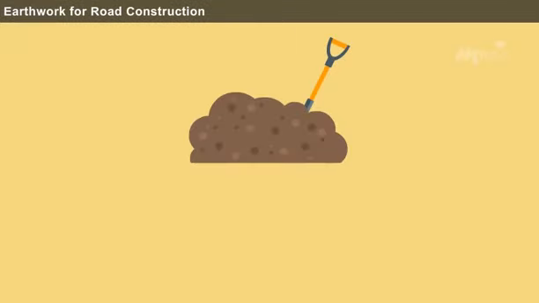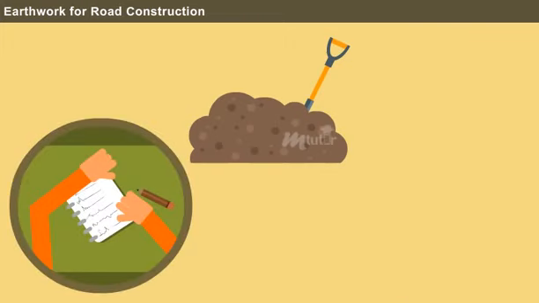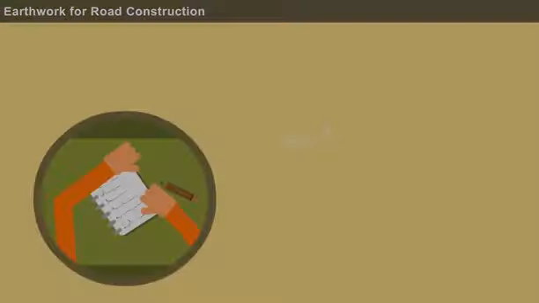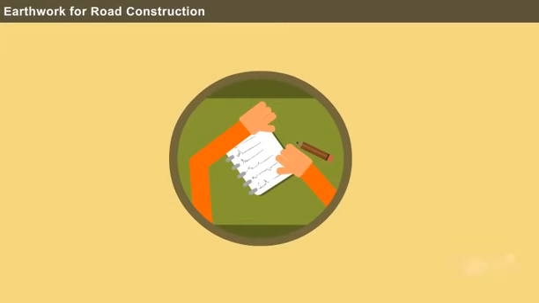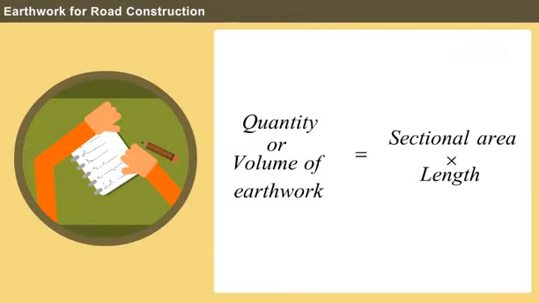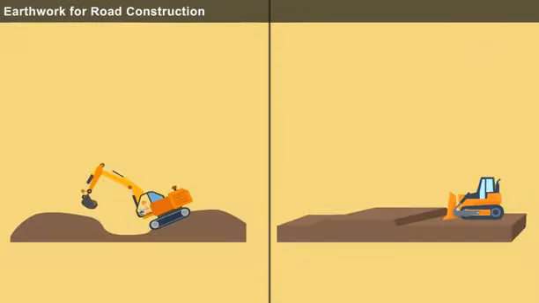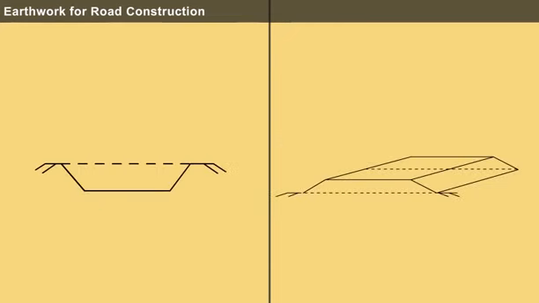This quantity of earthwork is calculated either manually or using computer applications. In the manual method, the quantity of earthwork to be excavated is calculated using the following formula. Generally, the excavation work of a road's cross-section is in the form of a trapezium.